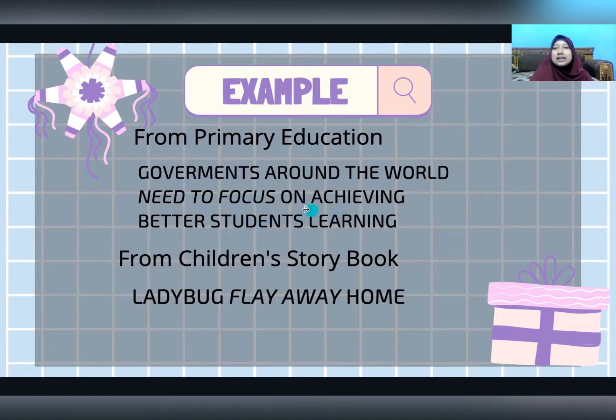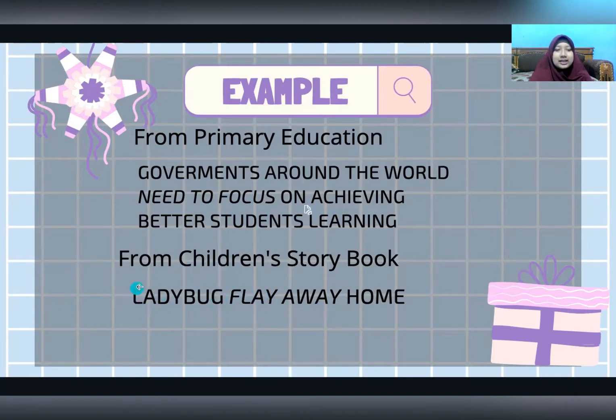So this is a simple present tense, and I got another one from my children's storybook, the Little Ladybug. The sentence is: Ladybug fly away home. Why is this sentence simple present tense?